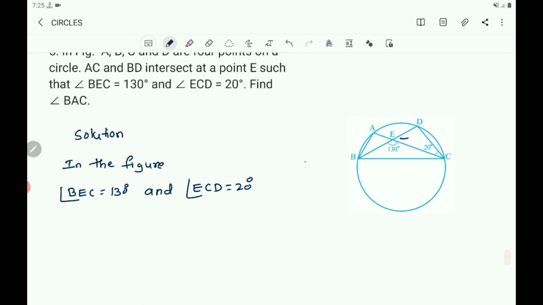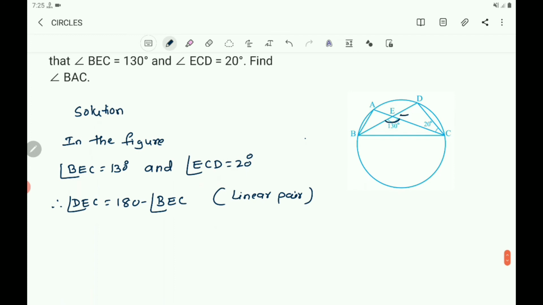Now try to find angle DEC. Write that, therefore angle DEC equals 180 minus which angle? BEC. 180 minus this angle BEC. Reason you write? Reason is linear pair. The two angles forms the linear pair.